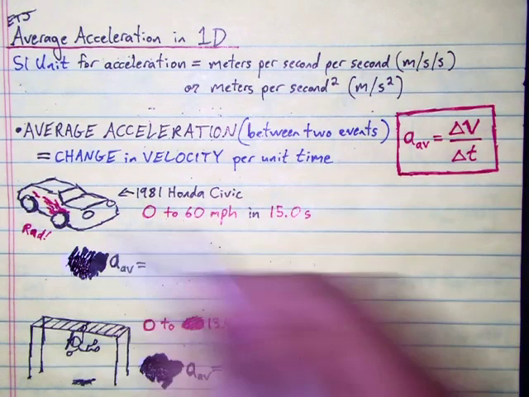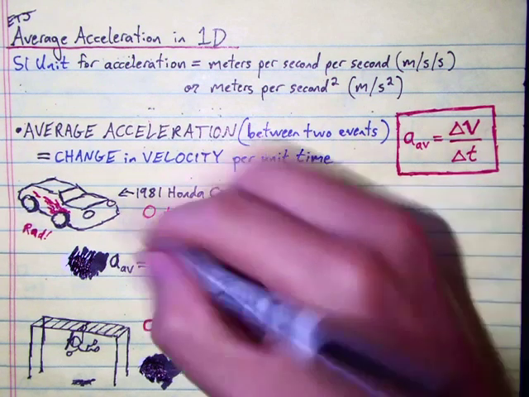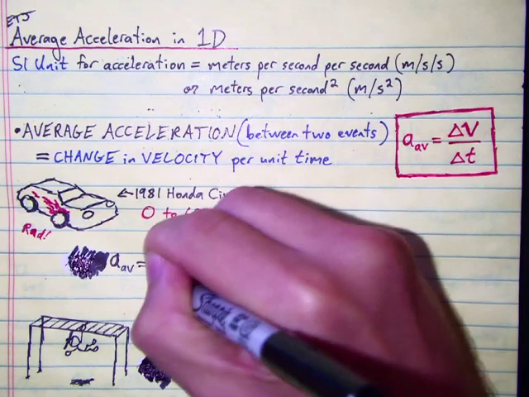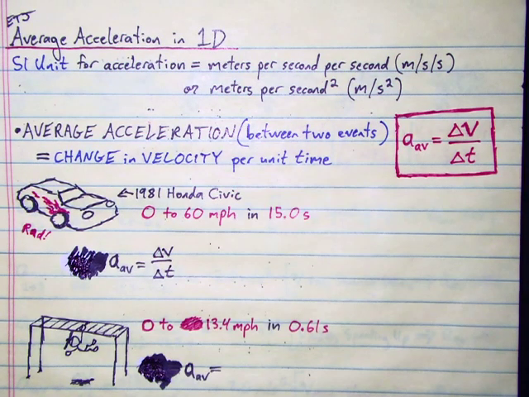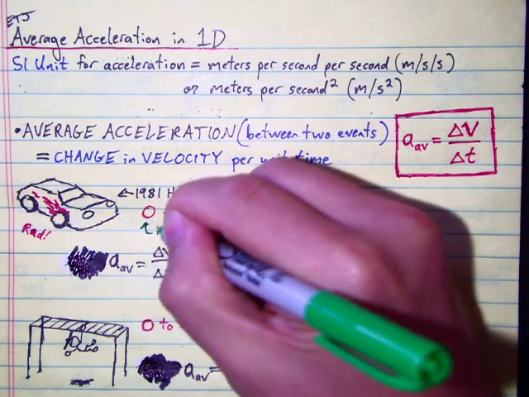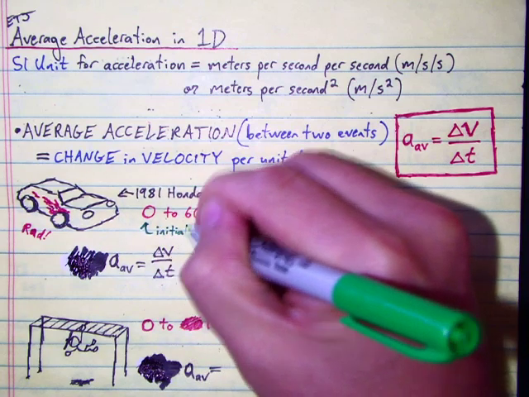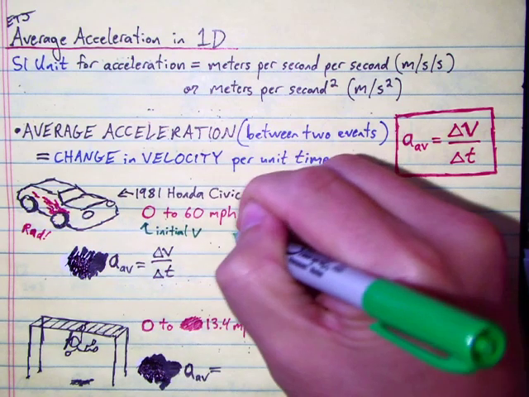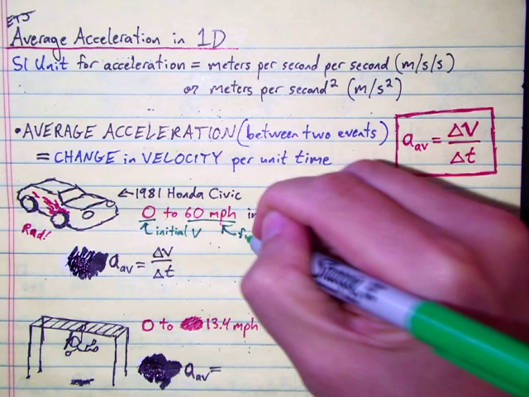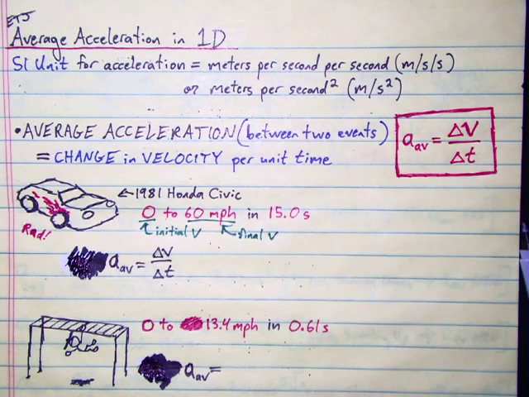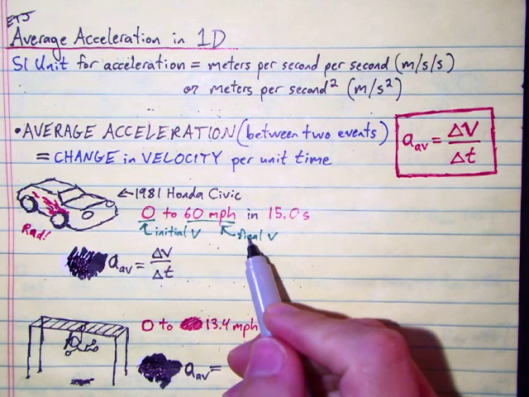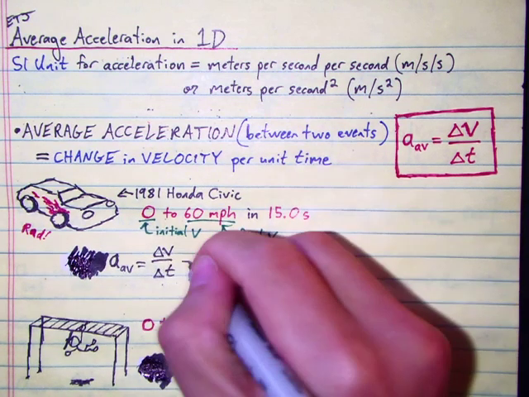So you'll recall the conversion right there. Let's figure out the acceleration of this Honda Civic. The average acceleration, our definition is delta v over delta t. This is our initial velocity, 0, starts from rest, and the 60 miles per hour is our final velocity, the velocity at the end of the motion. So our delta v is the final velocity minus the initial velocity.